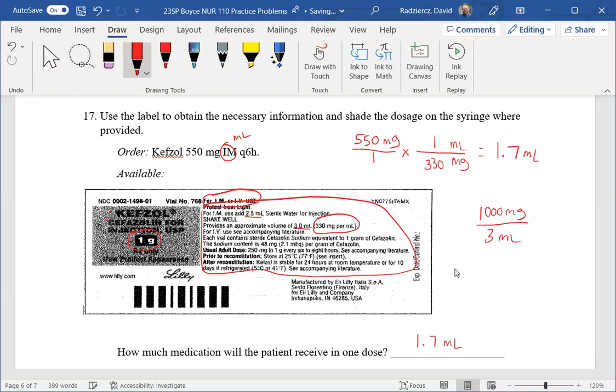We could calculate the approximate concentration by doing 1,000 divided by 3, and you'd get approximately 333 milligrams per milliliter. It's very close to the 330 milligrams per milliliter, which is the number you use. But if they, for some reason, didn't give it to you, this is how you would find out the strength of the medication. Again, that would be an approximate.